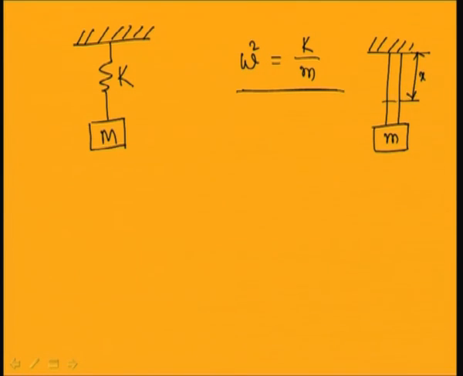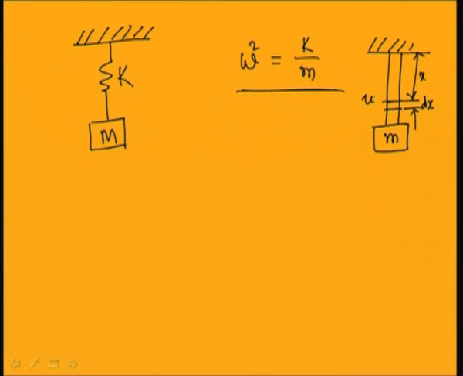Let us take a small element dx at a distance x, and let the mass per unit length be equal to m. So the mass of this element equals m dx. Let u be the deflection at this point.